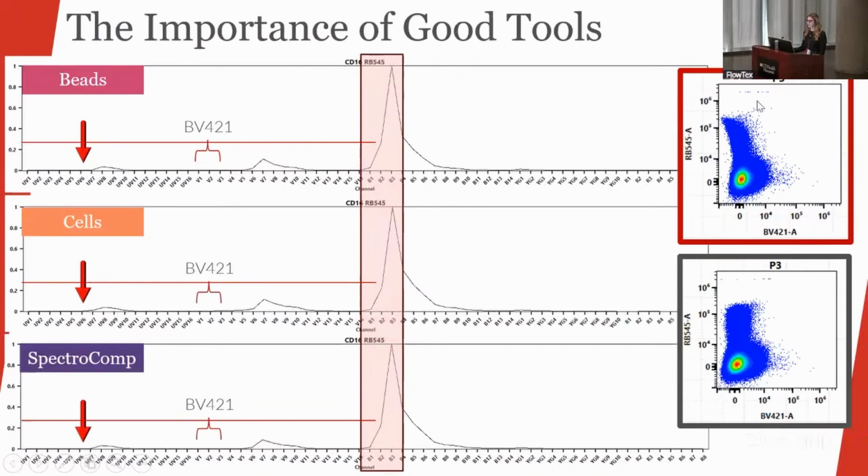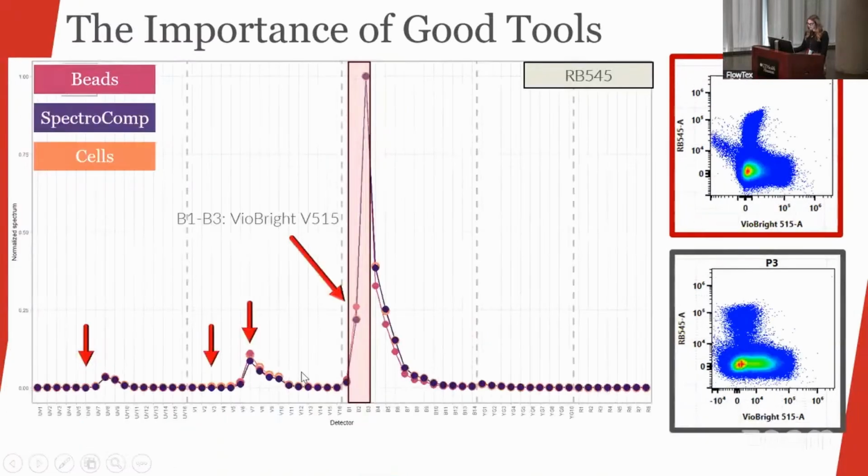This one is just the beads, E-beads Plus from Thermo Fisher, or the SpectraComp beads, cell mimics from Slingshot. And if I use cells, I get really good unmixing. If I use E-beads for this particular fluorophore, I end up getting a big long row of unmixing errors. But you can't see in these normalized spectra where that's coming from.